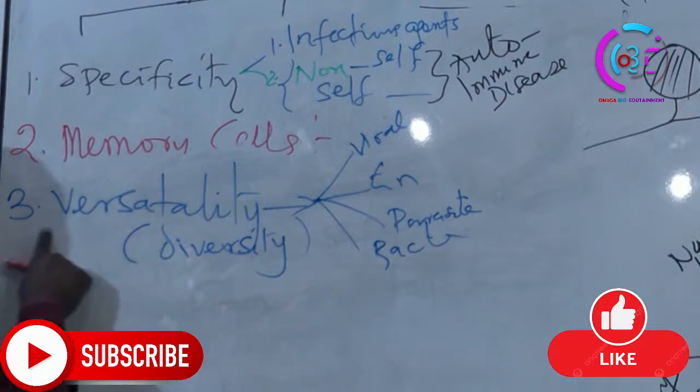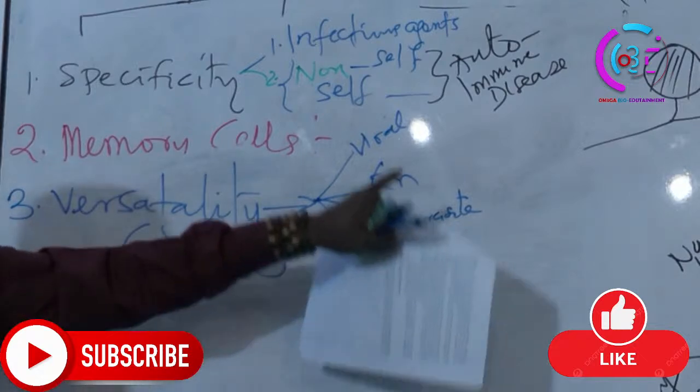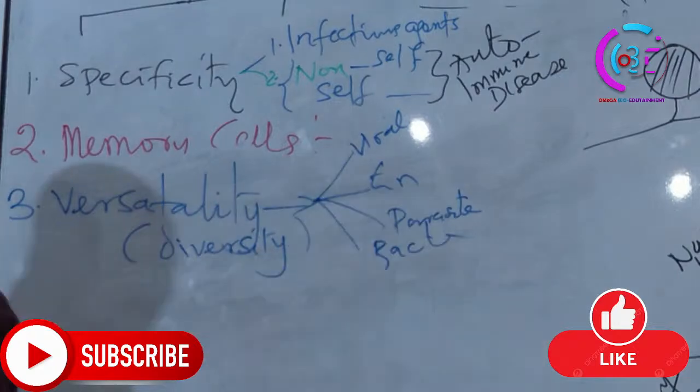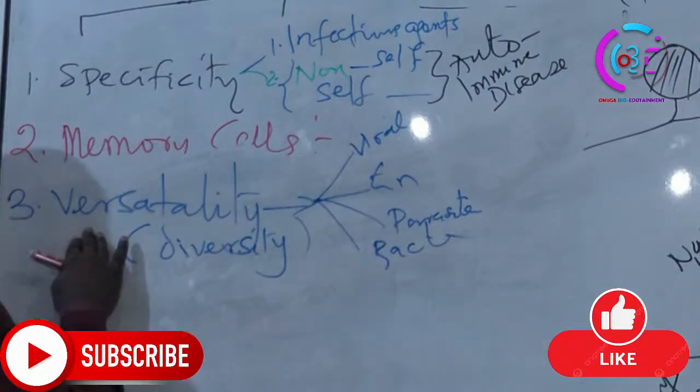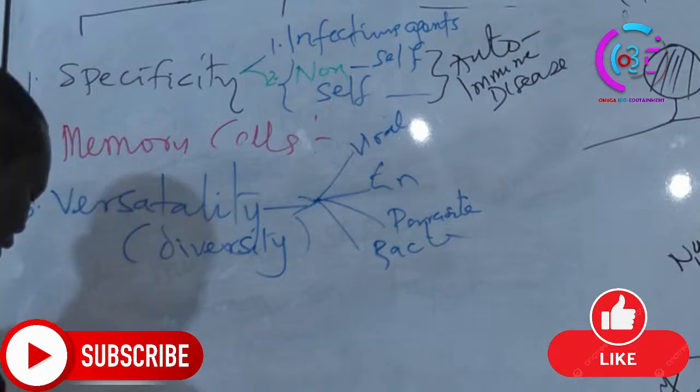So also part of what a host should be able to do is to make sure that the adaptive immune arm is developed and is very versatile to deal with diverse challenges, from parasites, from anywhere, to cope with any insults. So that is the third.